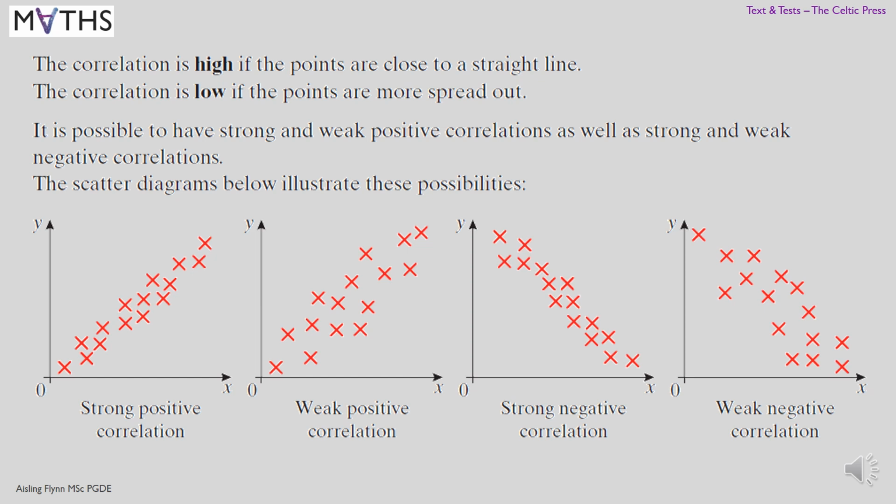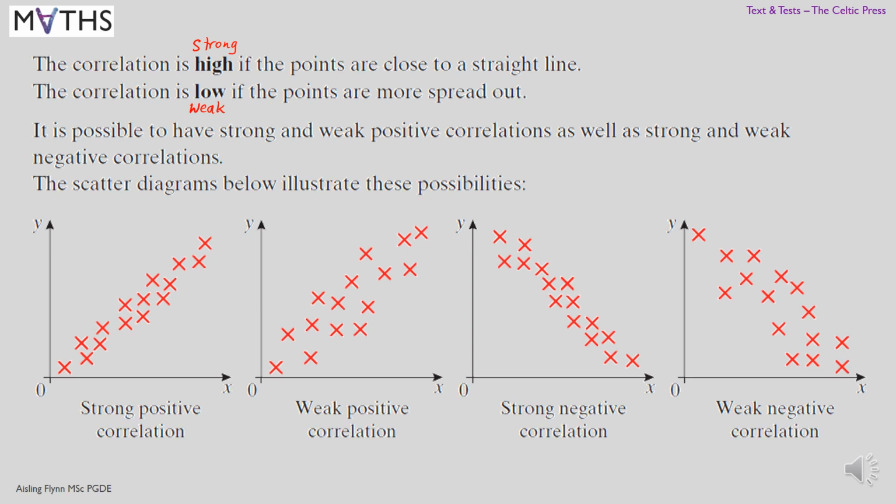So the correlation is high or strong if the points are close to a straight line, and the correlation is low or weak if the points are more spread out. It is possible to have strong and weak positive correlations as well as strong and weak negative correlations.